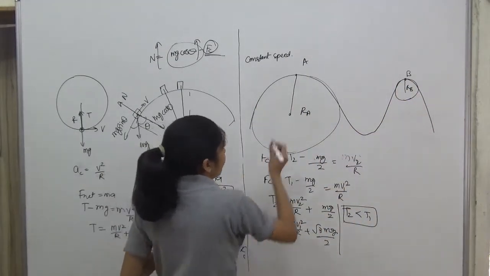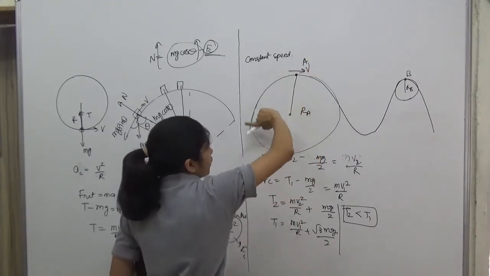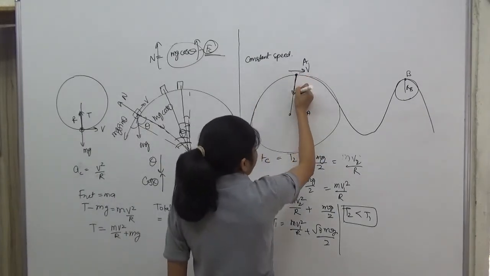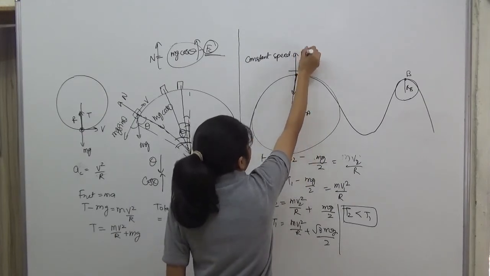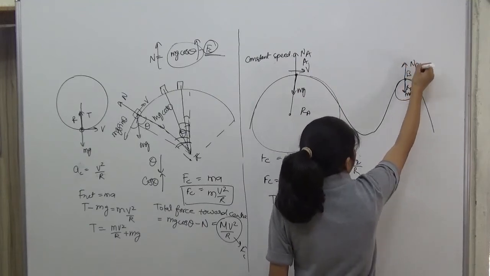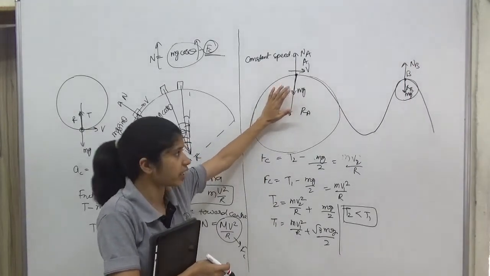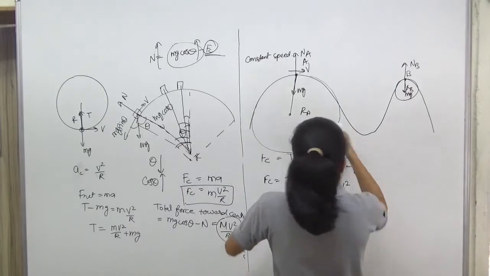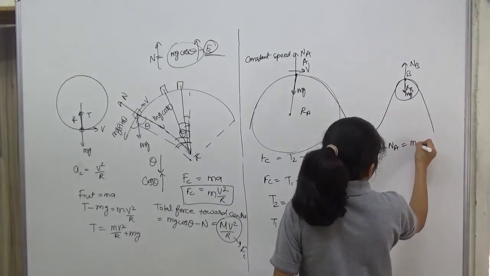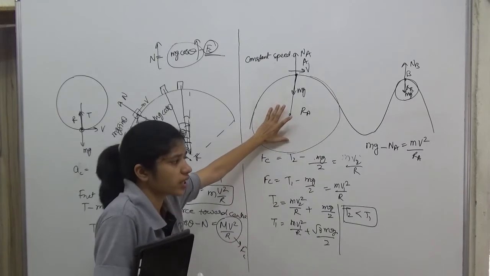Now here, at this point the particle is moving with speed v on a circle of radius RA. What forces are acting on it? mg and the normal force from the road, let's say NA. Here we have mg and the normal force from the road, NB. So for the forces towards the center, we have mg minus NA equal to m v square by RA, because the radius of the circle is RA.